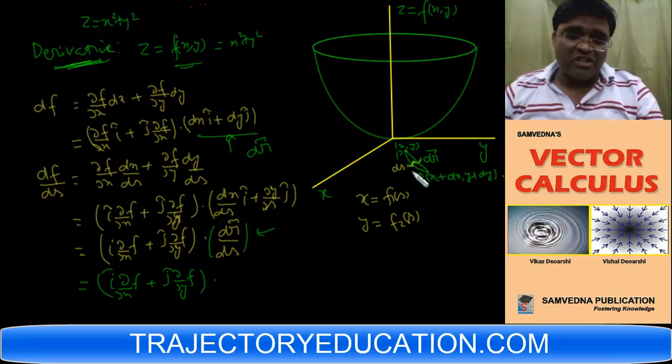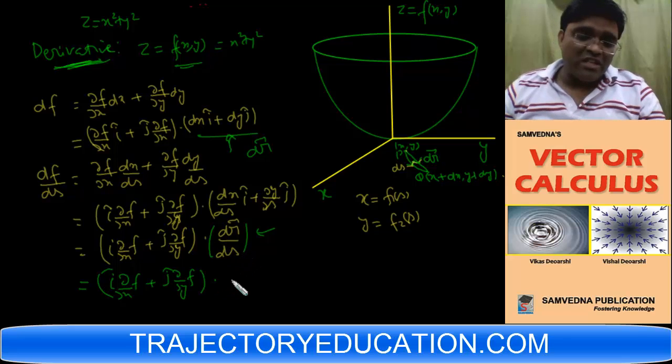If you are moving along this, it gives you a vector in the direction where you are moving. It is a unit vector in the direction in which you are moving, and you are trying to see the variation of f.